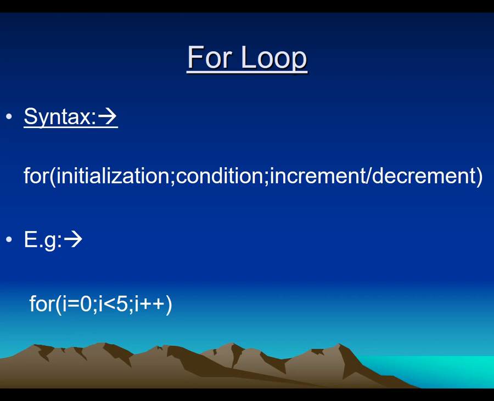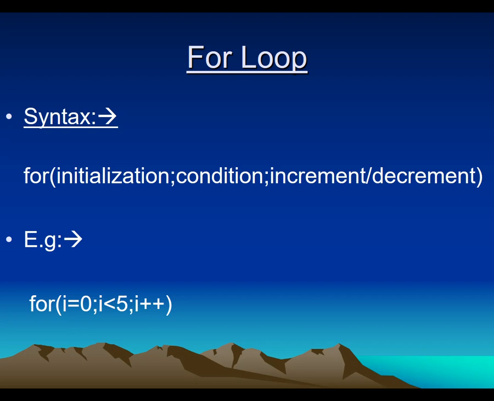For is another type of looping control structure which is available in C, and it is common in almost all programming languages. Now as you can see on the screen, I have mentioned the syntactical part of the for loop, where for is the keyword for initializing the loop.